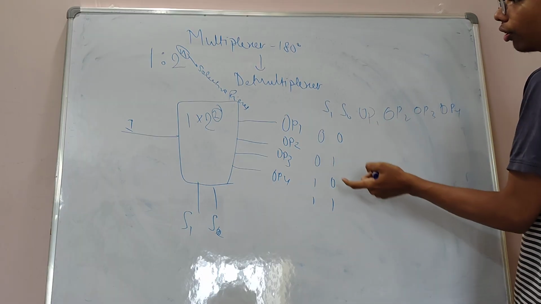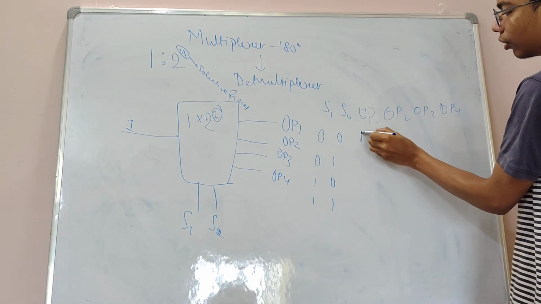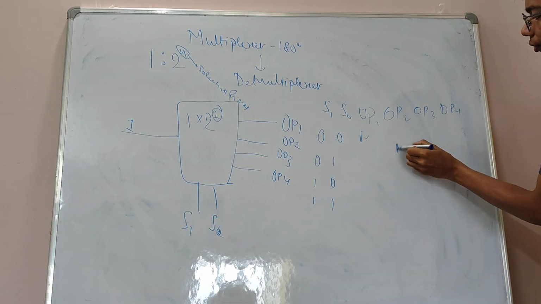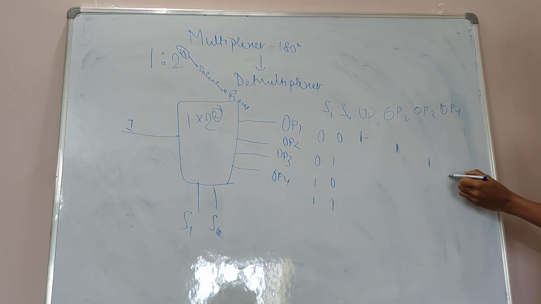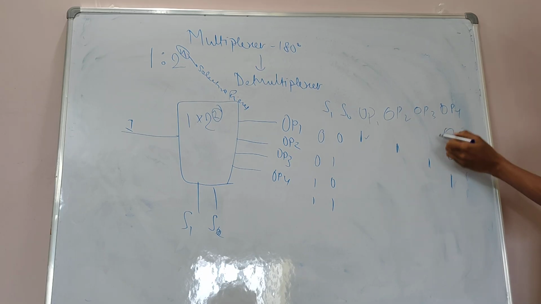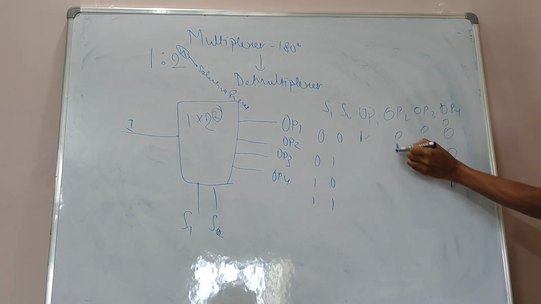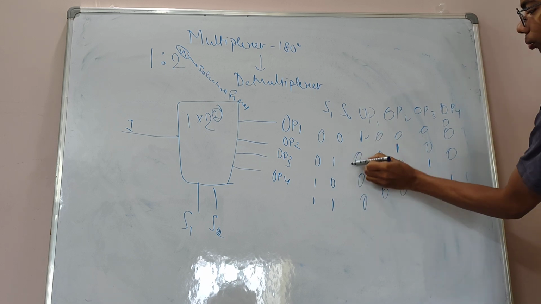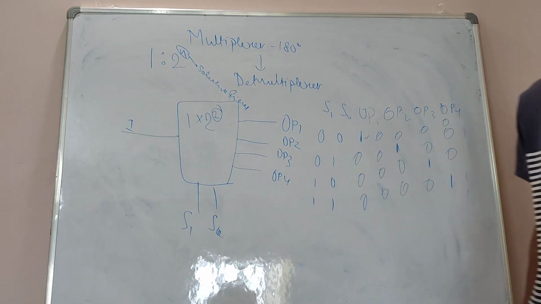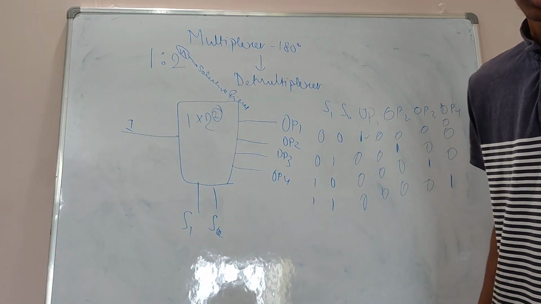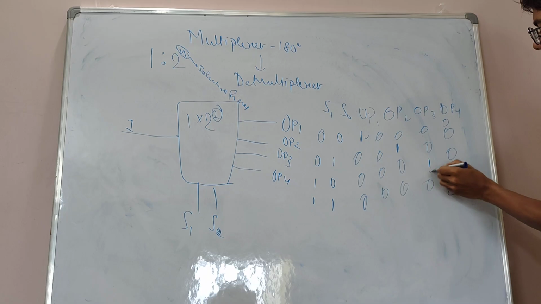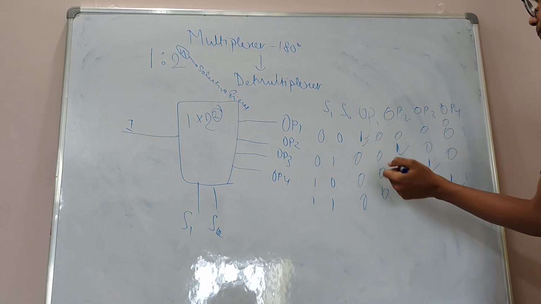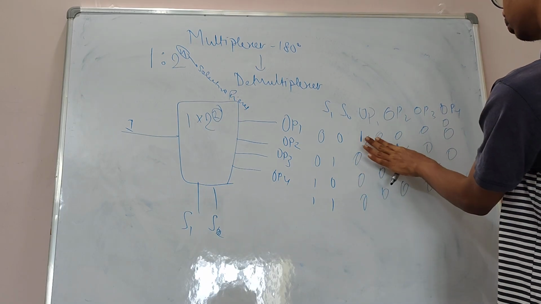For the first, this is 1, for the second this is 1, for the third this is 1, and for the fourth this is 1, and the rest are 0, right? This means it is enabled. All are enabled, right?